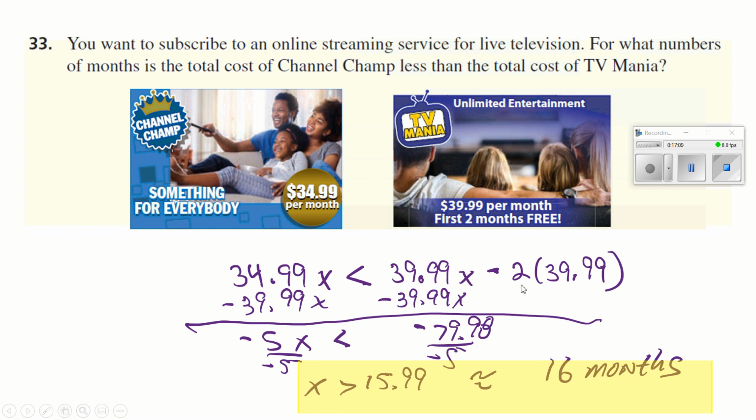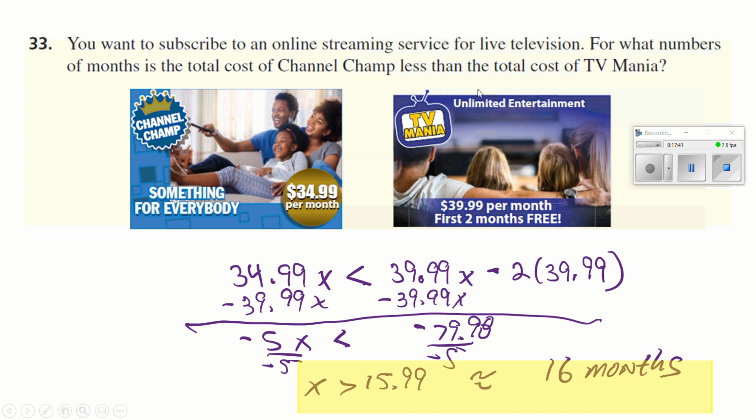And then over here, they multiplied negative 2 times $39.99, and that's where they got the negative 79.98. Now, to get x alone, we're dividing negative 5 away. I'll divide it from the other side. And again, we have to turn that symbol in the other direction. So x is going to be greater than 15.99. So it's about 16 months, right?